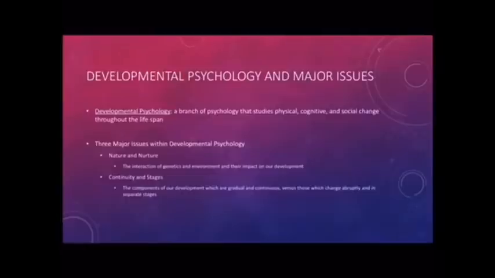But in terms of stages, when a baby stands up to walk, that's a pretty abrupt stage change. Or a baby just begins to talk. There's not really continuity there. They are either talking or they're not. They're either walking or they're not, right? So that's a stages issue. Changes that happen abruptly and in discrete stages or patterns.